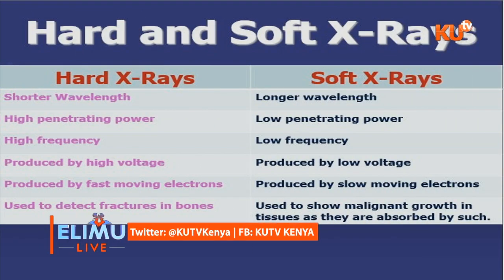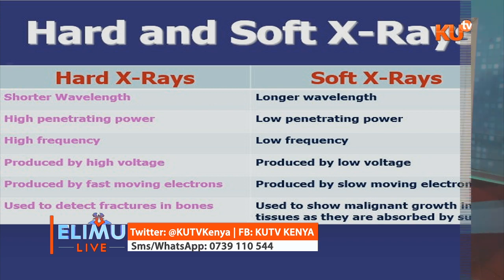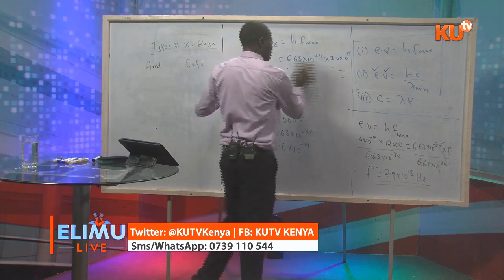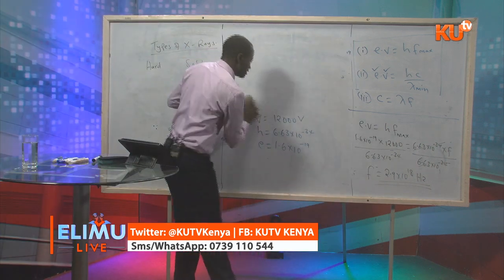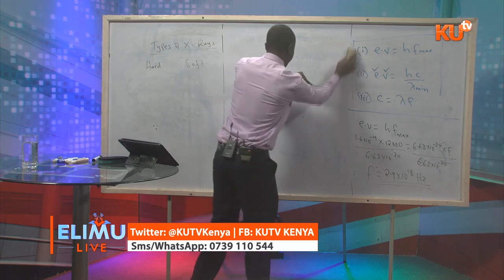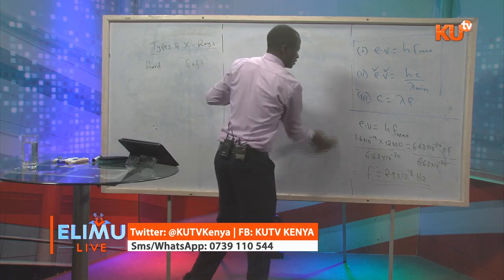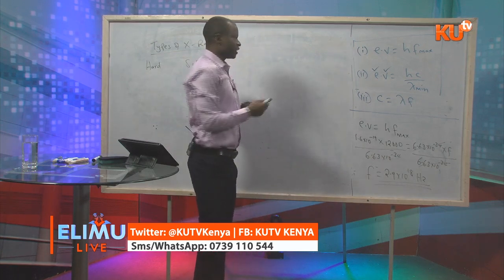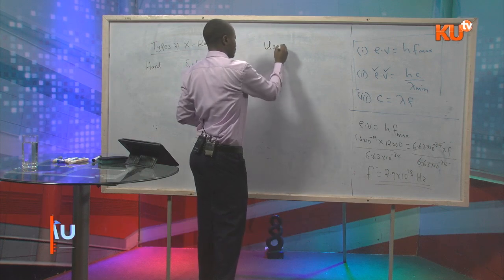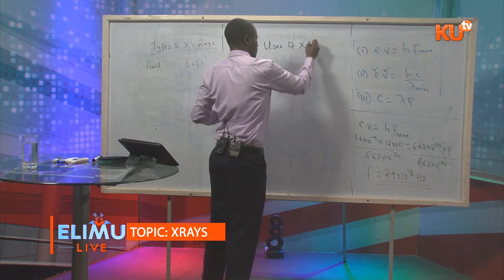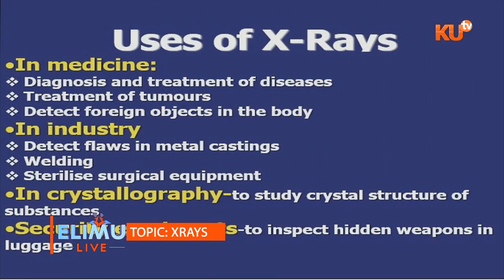As simple as that. Then as we move towards winding up, what are the uses of X-rays? Where do we use these X-rays? What are the uses of X-rays? Where do we use them? Uses of X-rays. I've mentioned several in my examples, so you can guess.